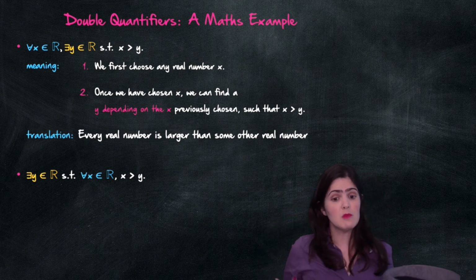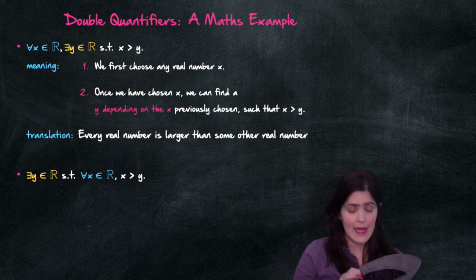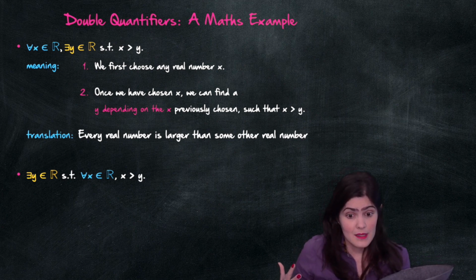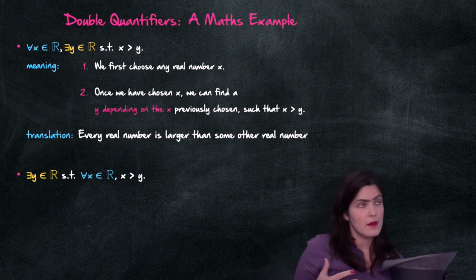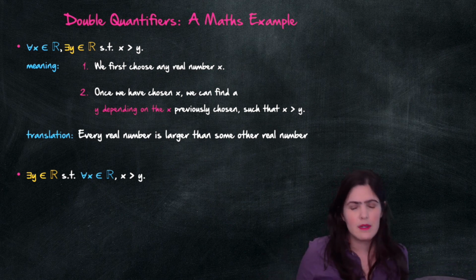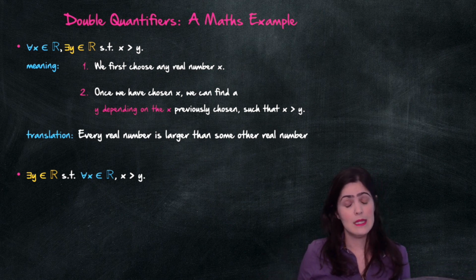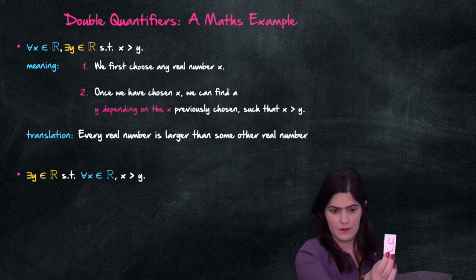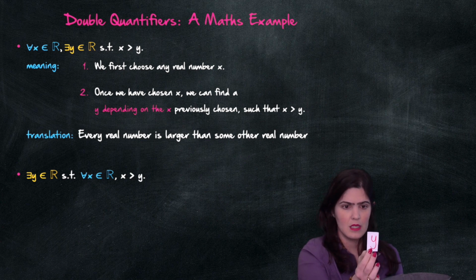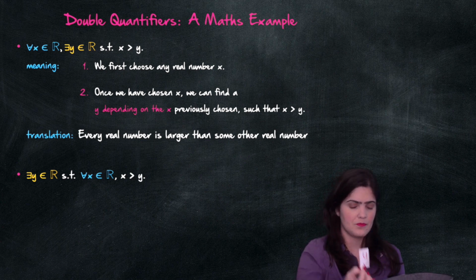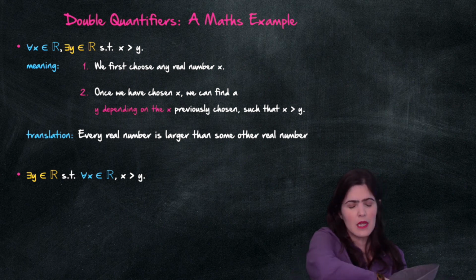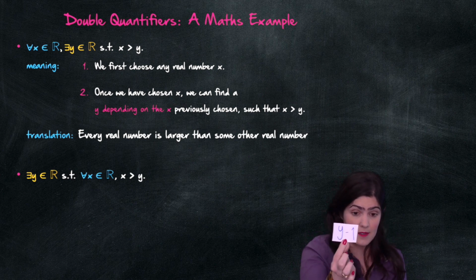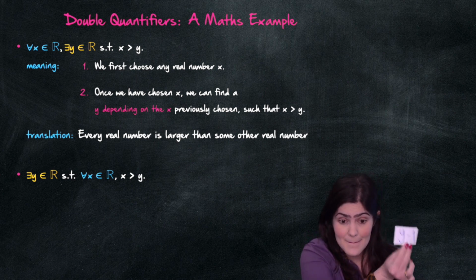Okay, but now, is it possible to find a number that is super negative, such that it is the smallest real number? So can I find a number y that is smaller than any real number? Well, let's see. What happens if I start with just the number y? If I shake many times, eventually I could end up with something like y minus 1.